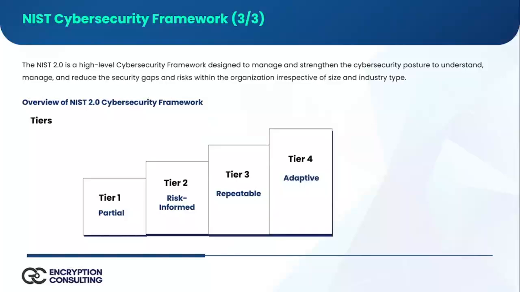But moving to Tier 4, Adaptive, the organization updates its cybersecurity practices based on past experience and current activities, and maintains up-to-date information to manage risks from suppliers and products. Now, the policies are risk-informed policies.